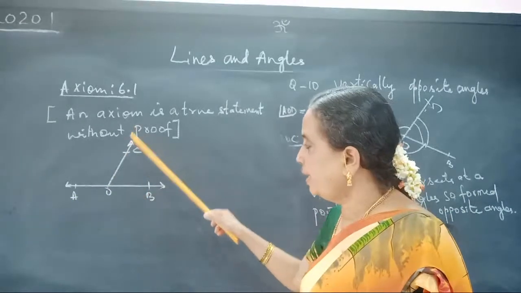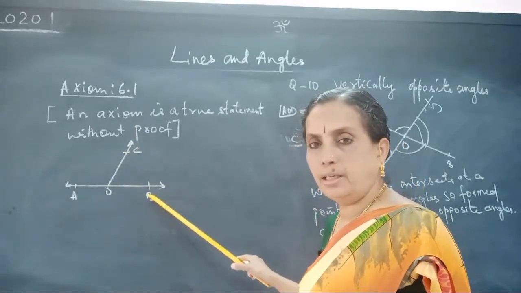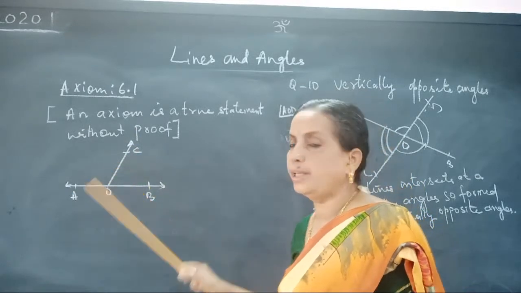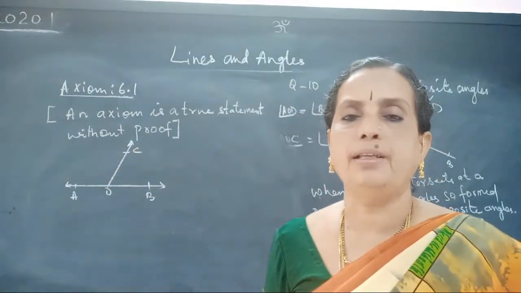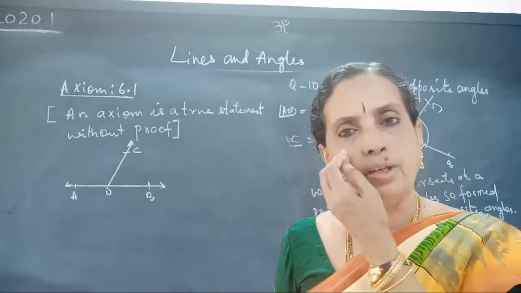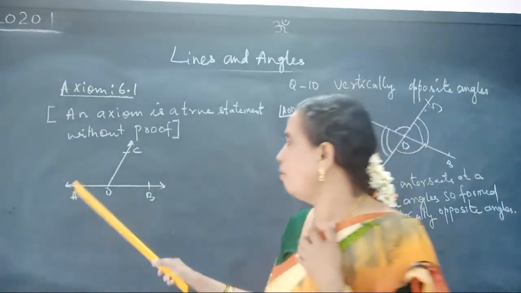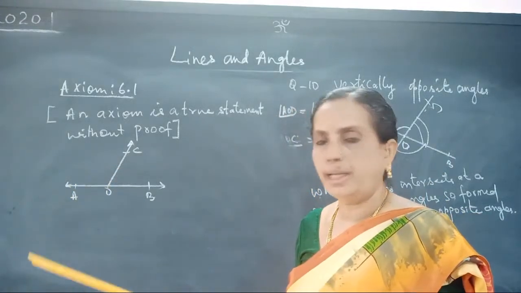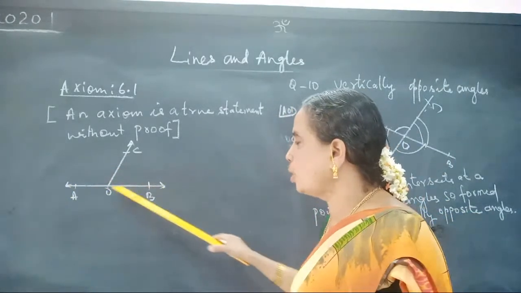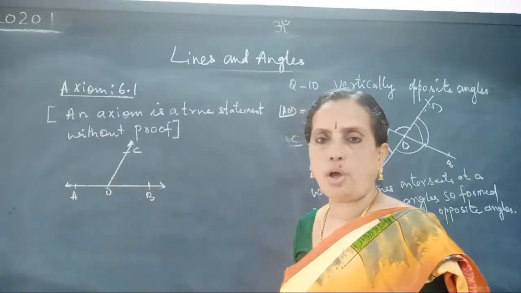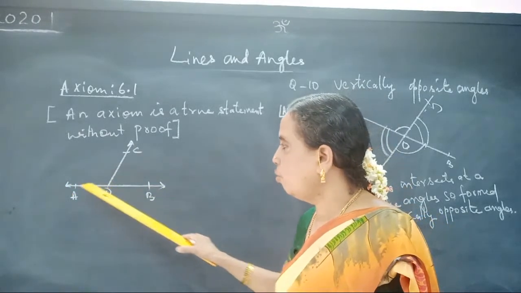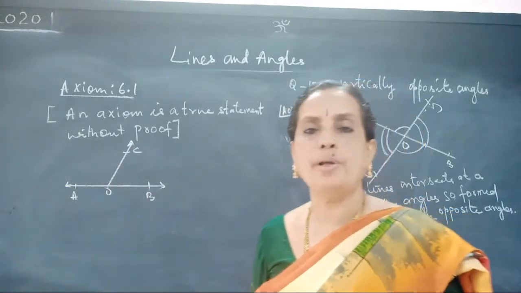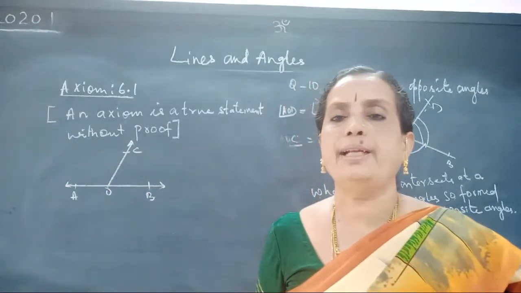When a ray stands on a line, the sum of two adjacent angles is 180 degree. Conversely, if the sum of the adjacent angles is 180 degree, then the non-common arms, which are OA and OB here, form a straight line.